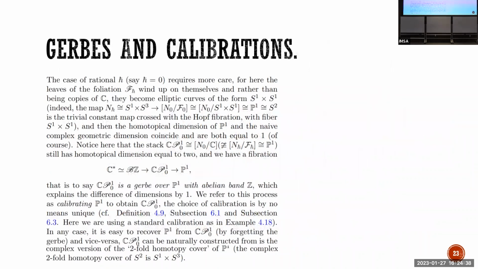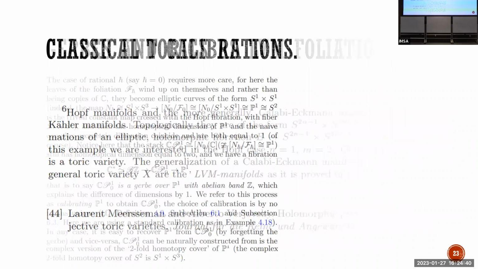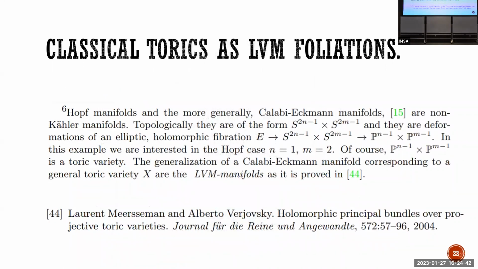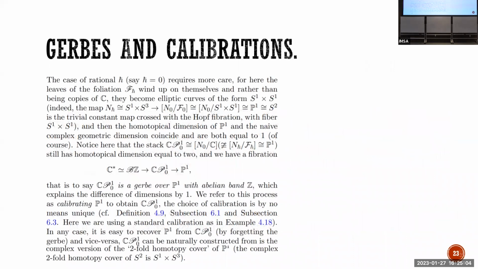And the thing is that more generally, every toric variety, this is in the paper of Meersseman and Verjovsky 2004, every toric variety has something like a Calabi-Eckmann manifold. And this picture you can reproduce for compact projective toric varieties and more general ones.